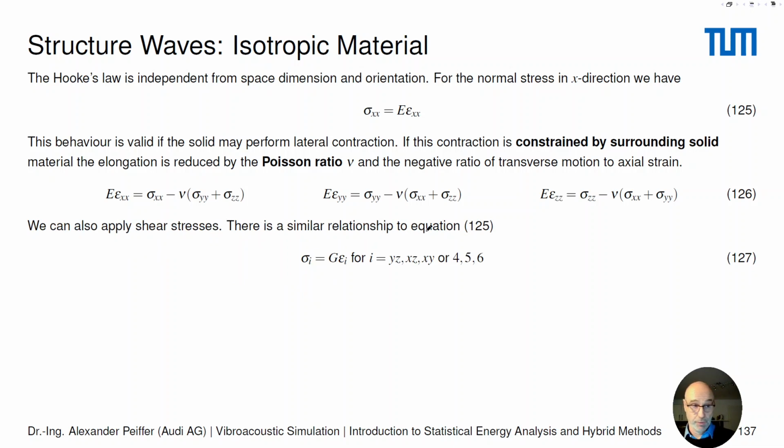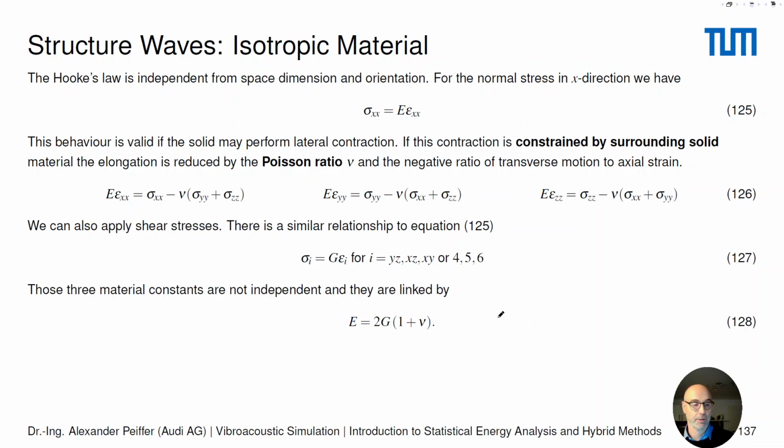As usual, we can also apply shear stresses. Here the story is quite simple because there is no volume change, and that means we can stay with the original definition. So we have a shear modulus, and it's always the same because we're talking about isotropic material, and the shear stress and the shear strain are related by the shear modulus denoted by G. Good.